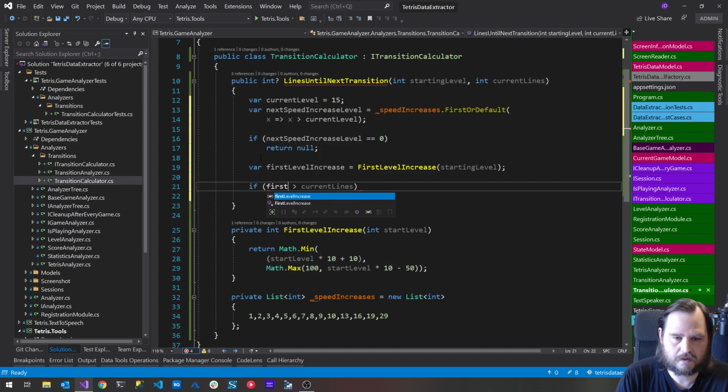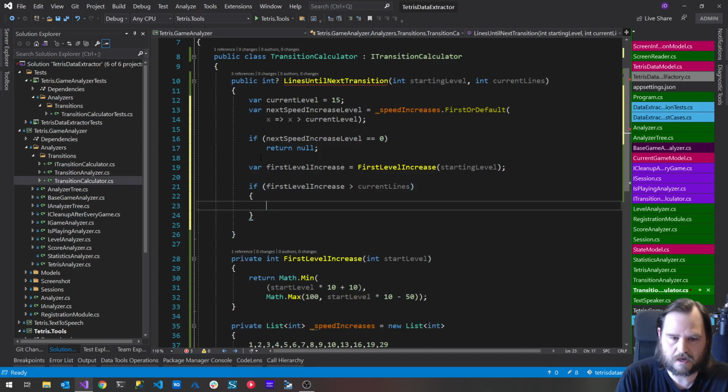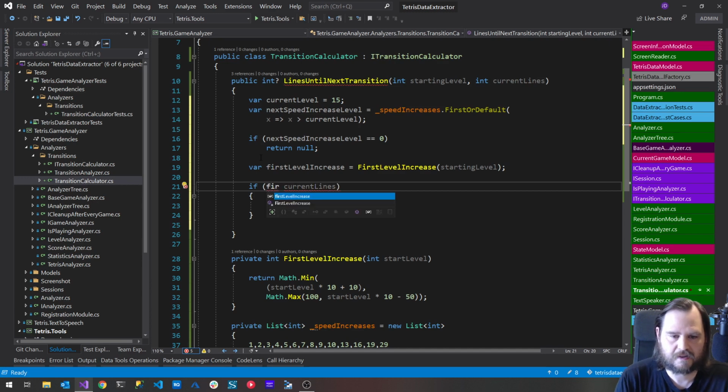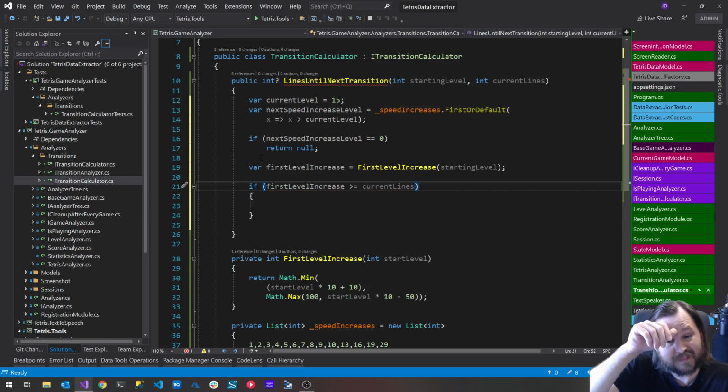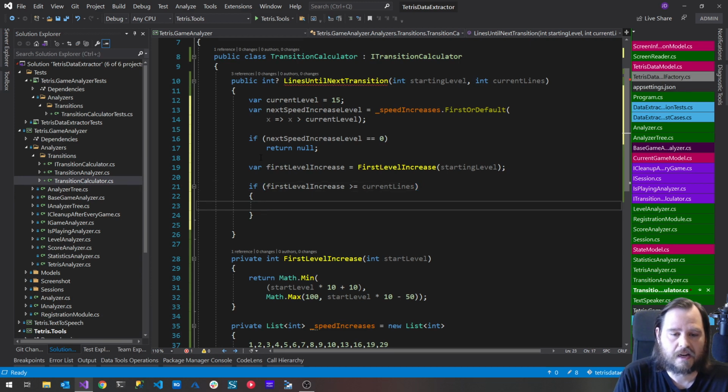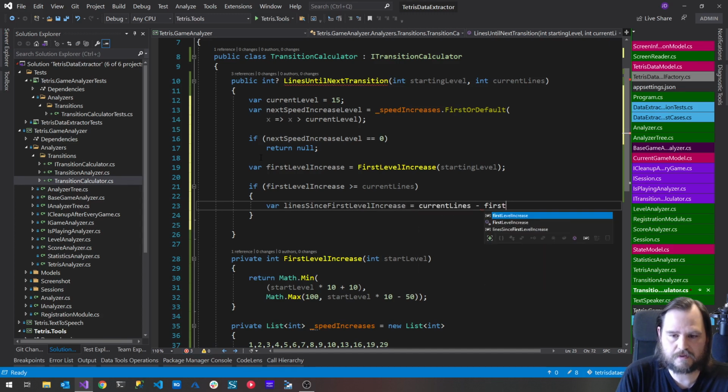Okay, get rid of this. So if you haven't hit it, what you're going to do, you know what? Let's do the easy one first. If first level increase is greater than or equal to your current lines, so you've hit your first level increase, var lines since first level increase equals current lines minus first level increase.